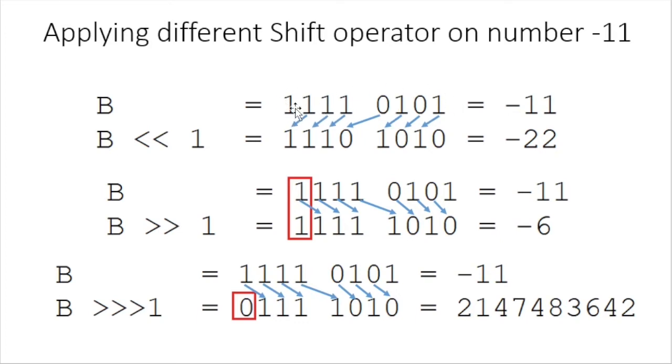The first bit represents the sign bit, and this is certainly not 11, because all the negative numbers are stored using the 2's complement method in memory. So minus 11 is actually the sign bit and the 2's complement of 11.